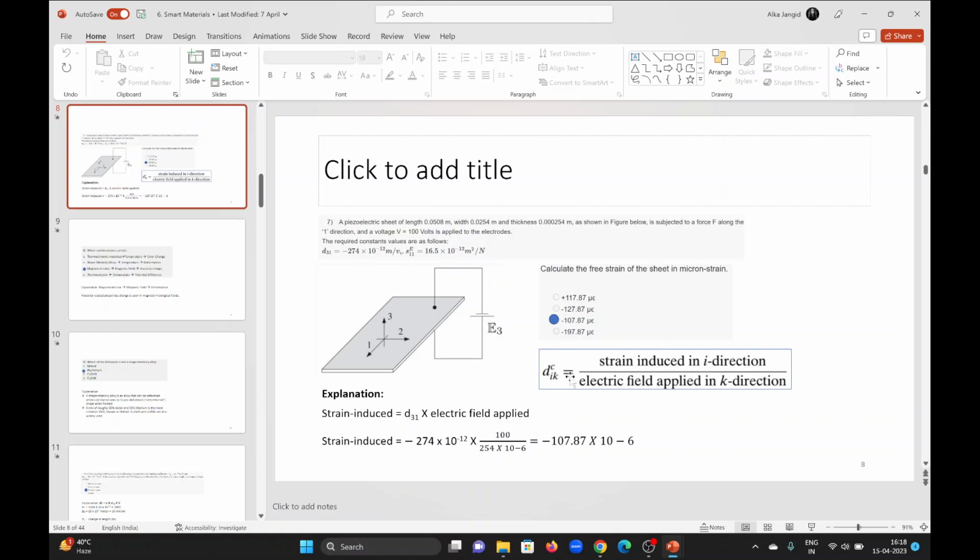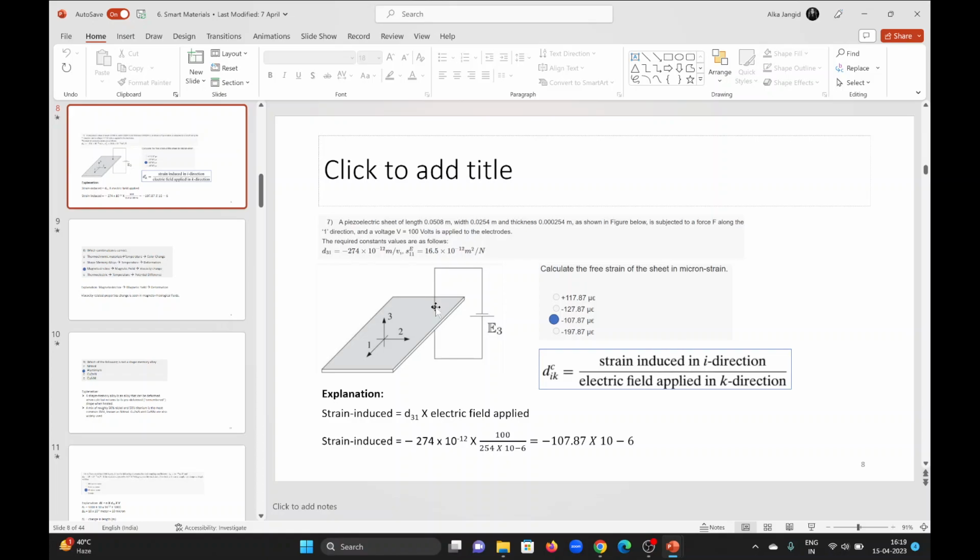Now this is the simple formula d_ik. This constant is just the ratio of the strain induced in the i direction to the applied field. i is the first digit, so the three direction is along the thickness.